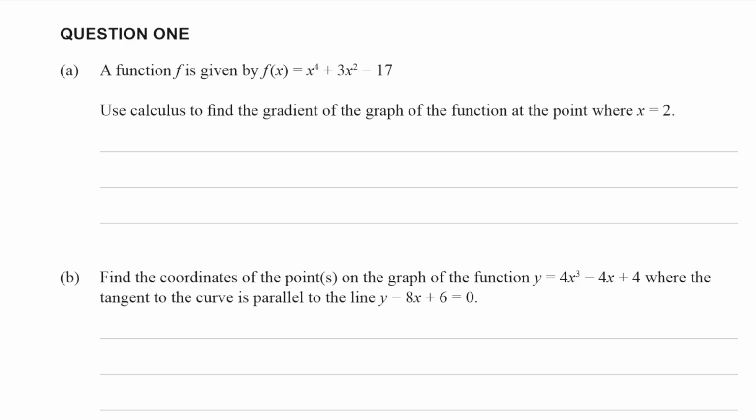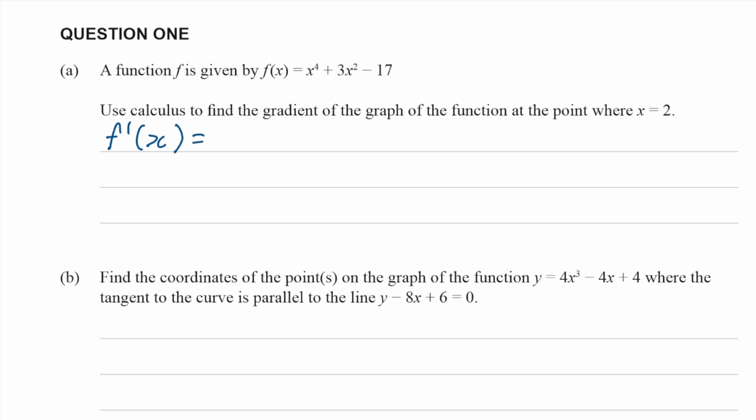So, asking for the gradient, we should be thinking, alright, half of calculus is to look at the gradient, right, to differentiate. So our first step is to find the first derivative of f of x, which we denote as f prime of x.